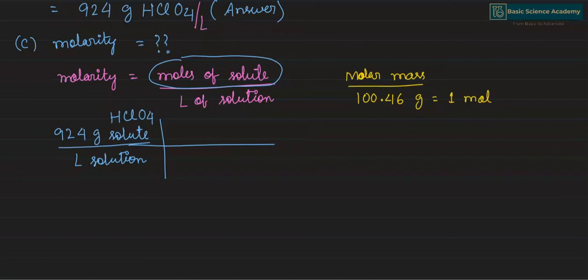Since we have to cancel grams of HClO4, we have to keep 100.46 gram HClO4 in numerator, and 1 mole HClO4 in denominator.